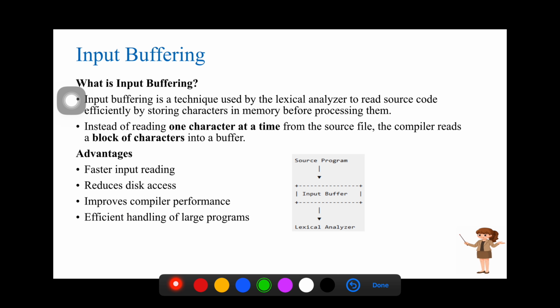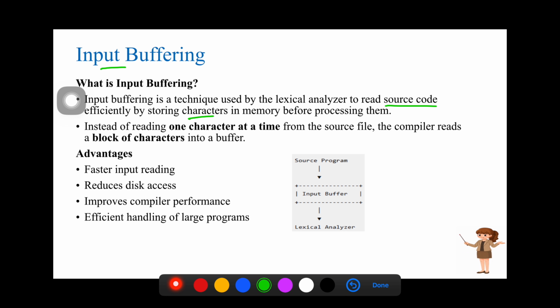Input buffering. What is input buffering? Input buffering is a technique used by the lexical analyzer to read source code efficiently by storing the characters in memory before processing them. When a compiler reads a source program, it has to process thousands or even millions of characters.